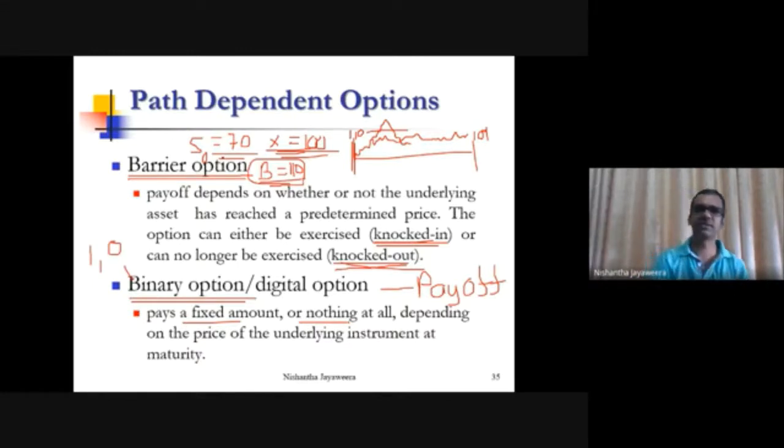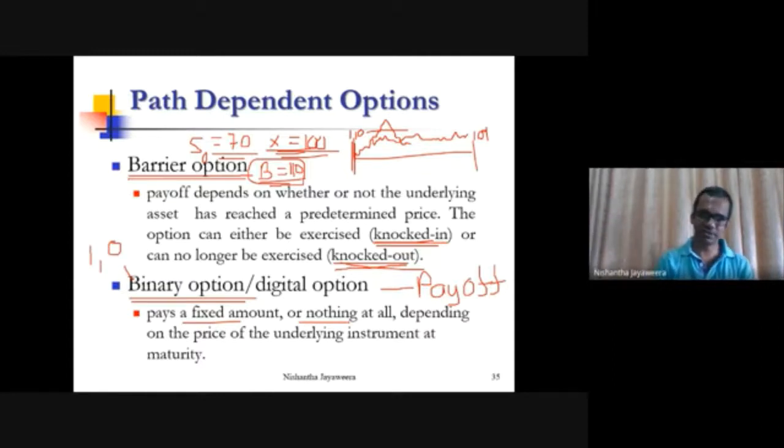But it's not the case in a binary option. Market is above the strike, you get maybe $1, but you get a fixed amount. It can be $10, but still you get the same fixed amount. It does not depend on the market price, or the difference between market price and the strike price on the maturity date. If it is above the strike for a call option, you get a fixed amount.